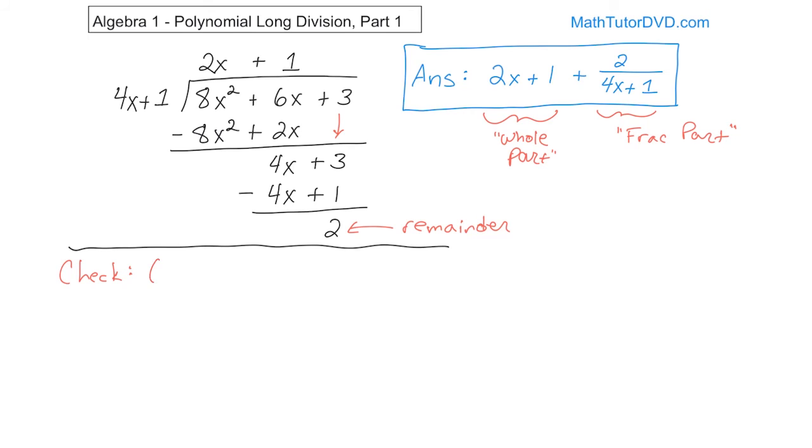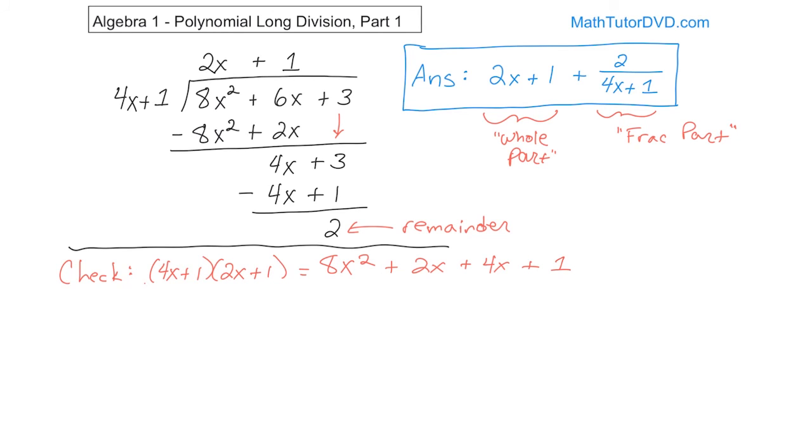So what we could do is say 4x plus 1 times 2x plus 1. All that we're doing here is multiplying these things together. This times this. That's how many times we said it went in there. Let's do that multiplication right now. So we have the first terms multiplied, 8x squared. And then we have the inside terms, positive 2x. And then we have the outside terms, positive 4x. And then we have the last terms, 1 times 1 gives us 1.